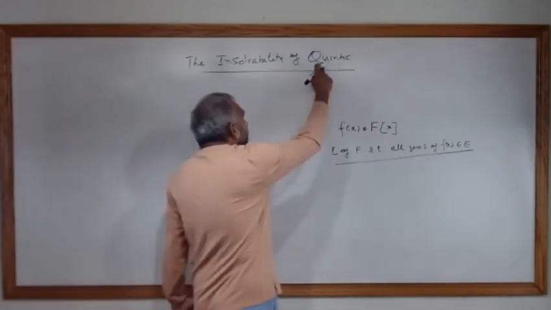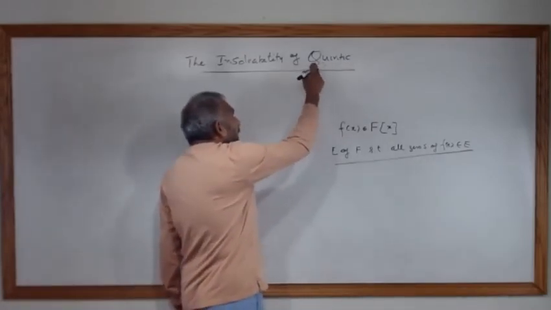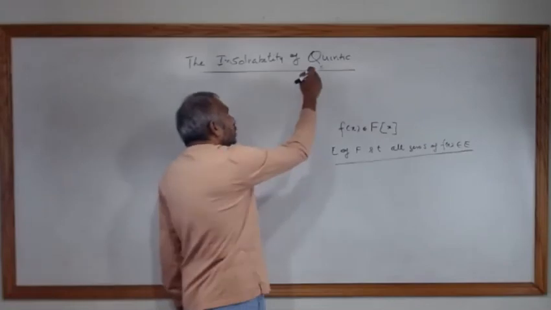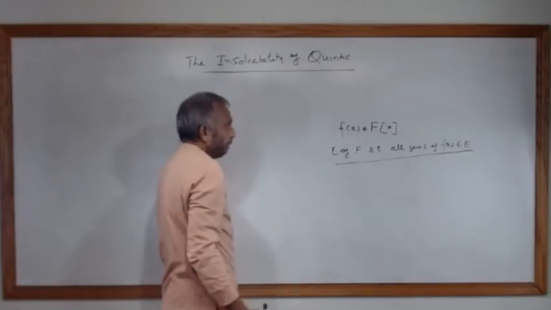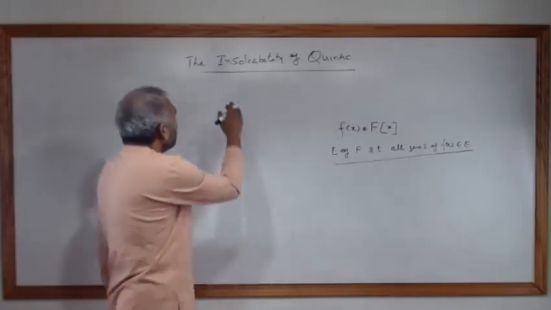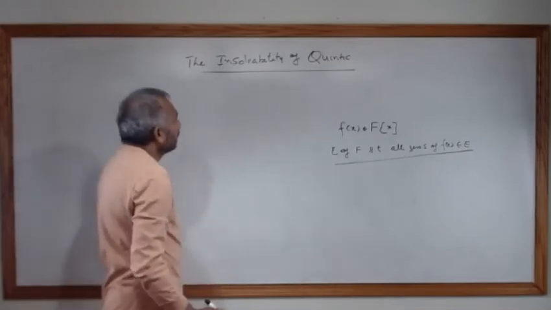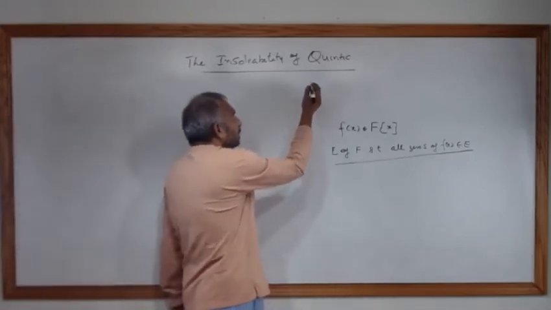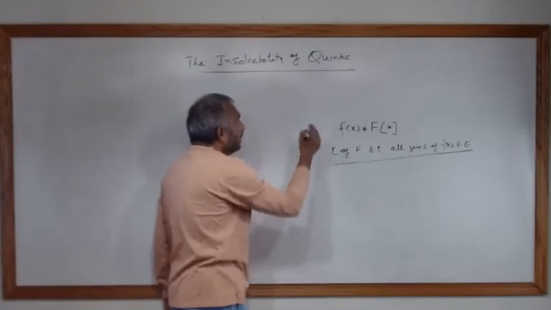Quintic means a degree of 5. So here we're talking about a polynomial of degree 5.